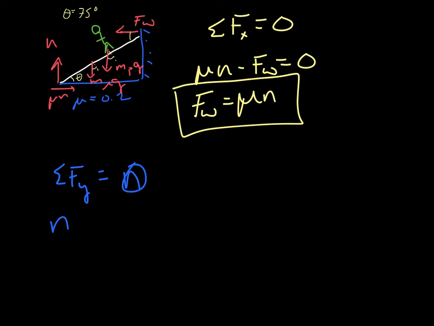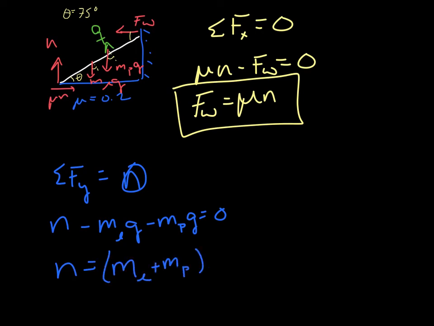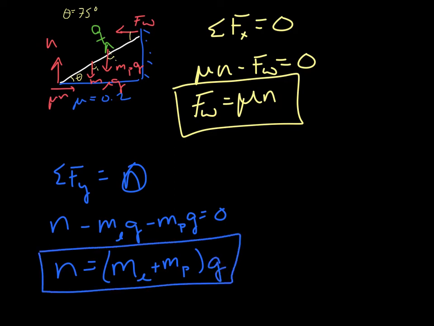So we've got n minus mass of the ladder times g minus mass of the person times g equals 0. You get n equals (ml plus mp, mass of the painter, or person, whatever) times g.